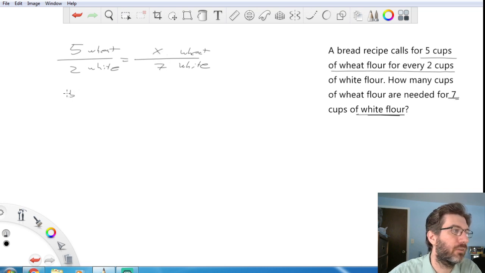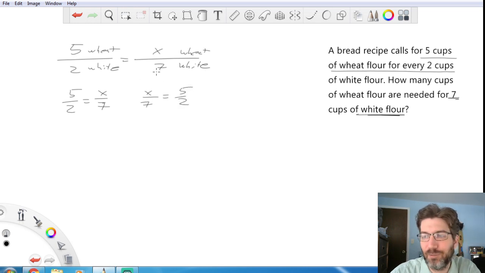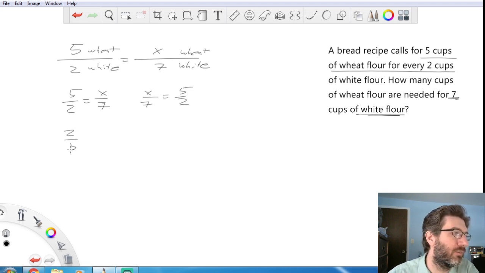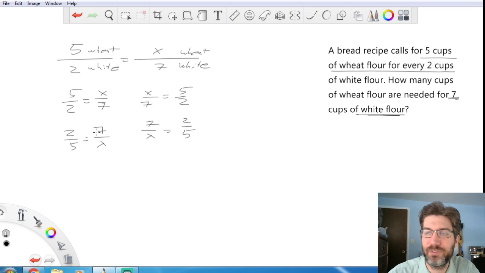So you can do it as 5 over 2 equals x over 7. You can also flip it around. I mean, you could also have x over 7 equals 5 over 2. You're all going to get the same answers for all of it. You could also flip it upside down and do 2 over 5 equals 7 over x. Or again, the opposite way. I mean, all those are acceptable ways of writing it.